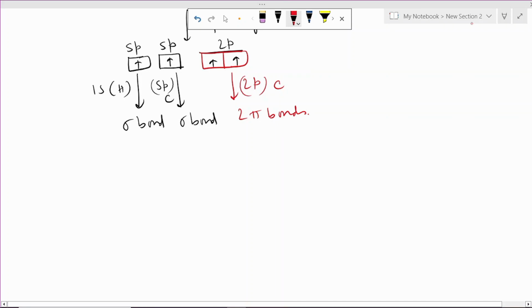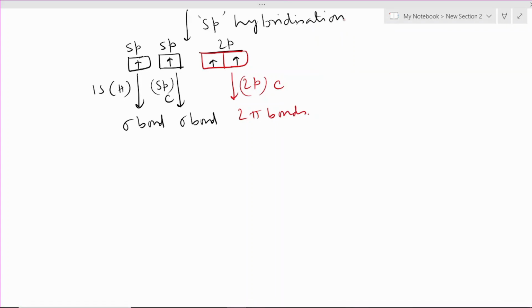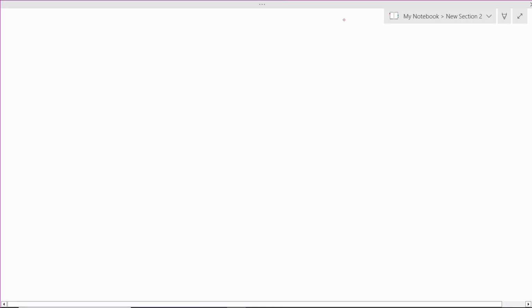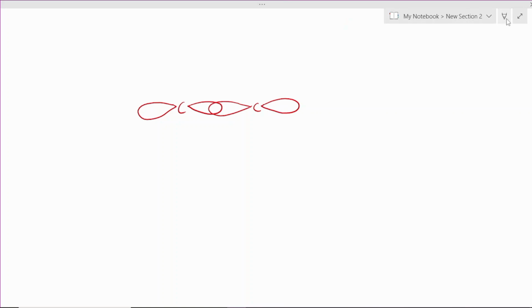And if we draw the orbital picture of acetylene, this is 2sp hybrid orbital of one carbon, and this is the another carbon. And this carbon has two 2p orbitals. One 2p orbital is like that, and another is such a way.